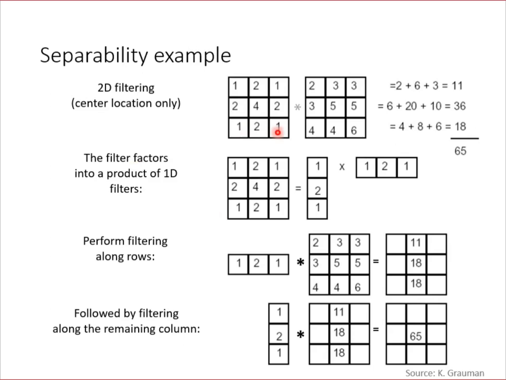The k here is 3 by 3, so we need multiplications for 1, 2, 2, 3, 1, 3, 2, 3, 4, 5, 2, 5, and sum them up.